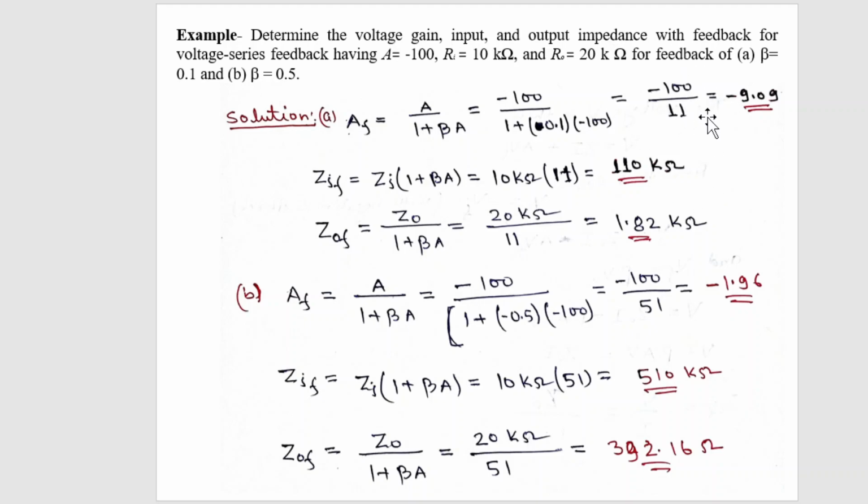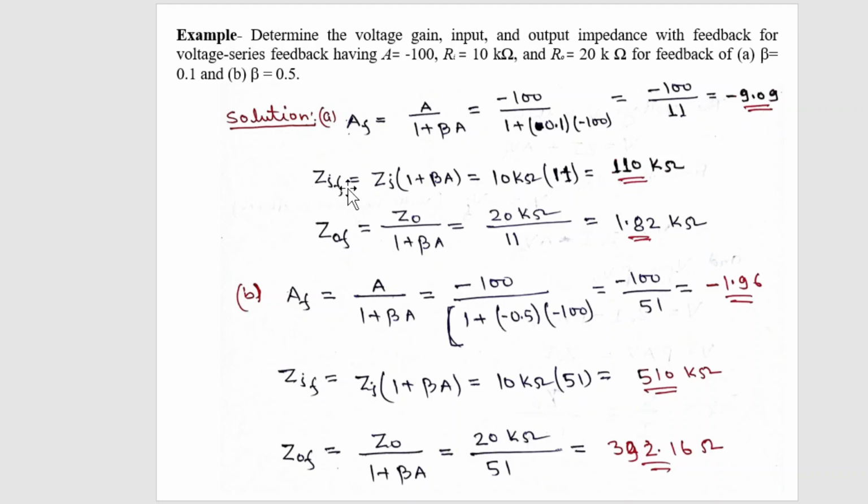If you solve, you can find AF is equal to minus 9.09. That means gain is reduced in voltage series feedback, from minus 100 without feedback to about minus 9 with feedback.